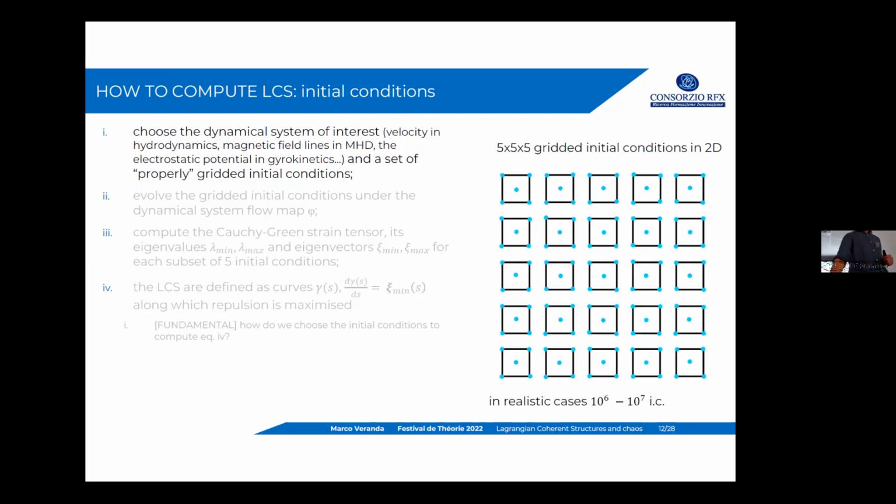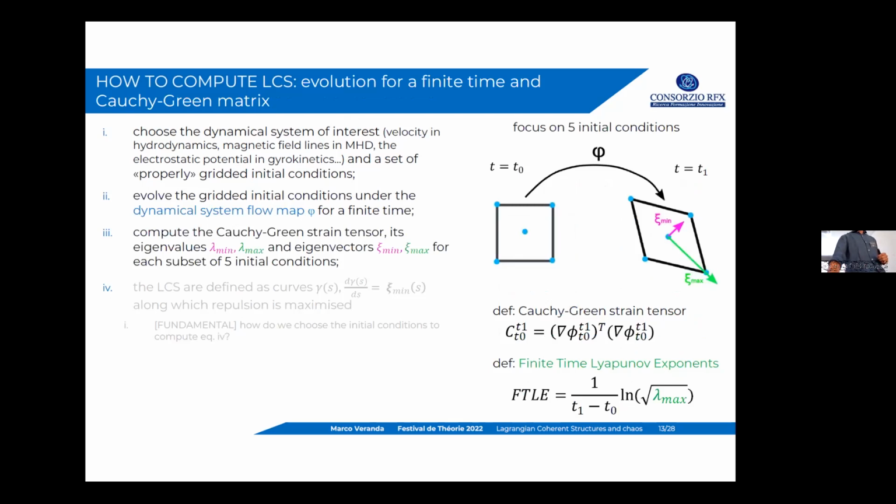What do you do? You evolve, let's take, for example, a square. You evolve it under the flow map of your dynamical system for a finite time. And what will happen is that the square will get transformed into this shape. Given this transformation, you can always compute the so-called Cauchy-Green strain tensor that is related to the deformation matrix of the flow map.